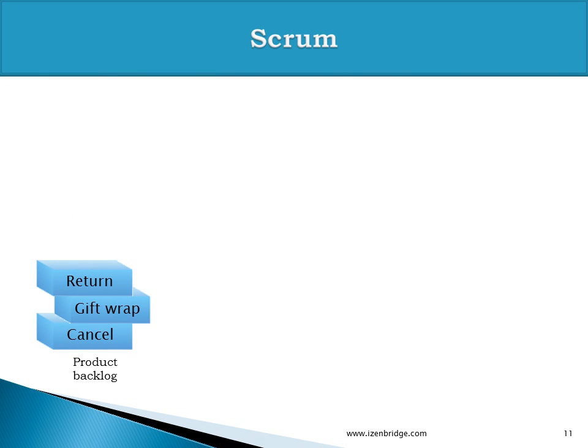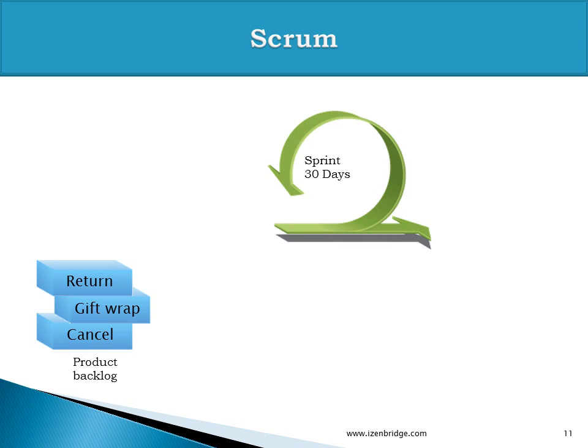So things start from a product backlog. A product owner or a business has a set of requirements, and those requirements are captured in the format of a product backlog, which is a list of the requirements. And on the basis of a product backlog, we decide on a sprint cycle. So we decide a duration for a sprint, that it would be 30 days or 2 weeks or 4 weeks.